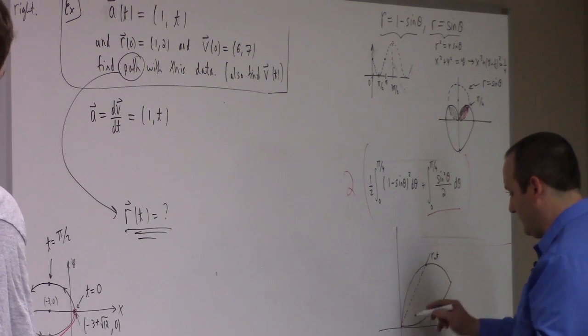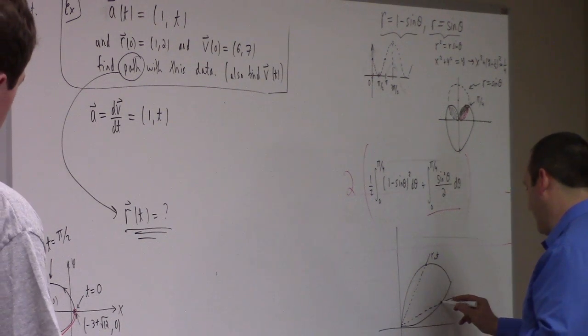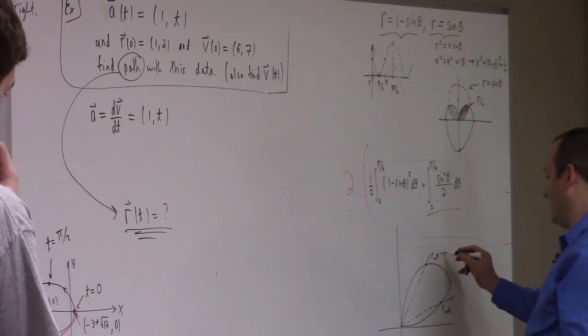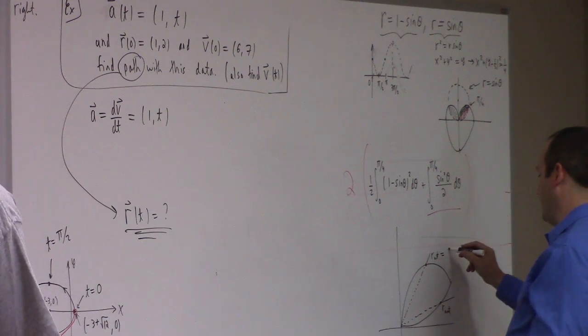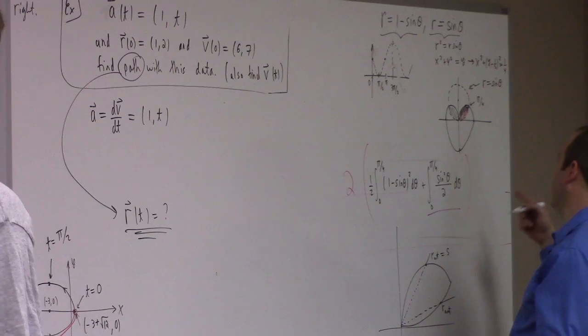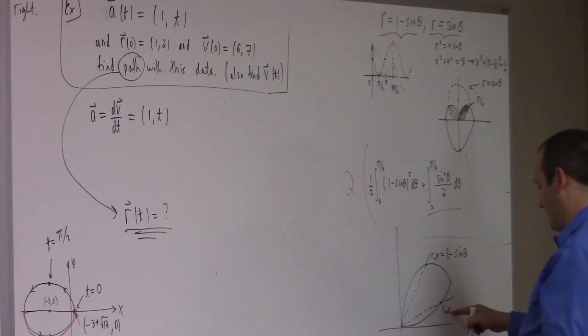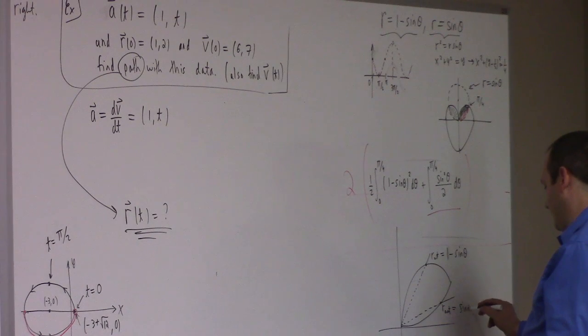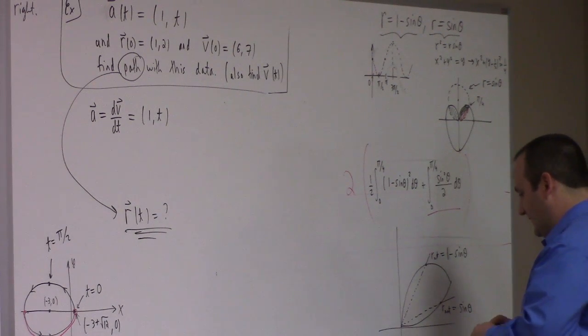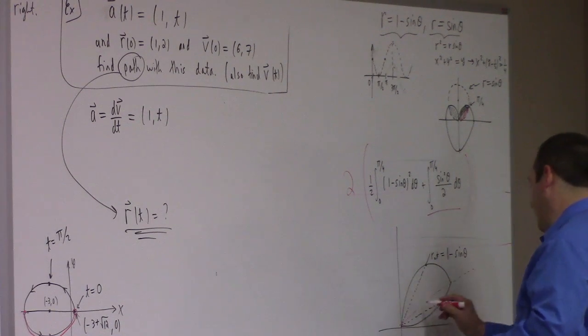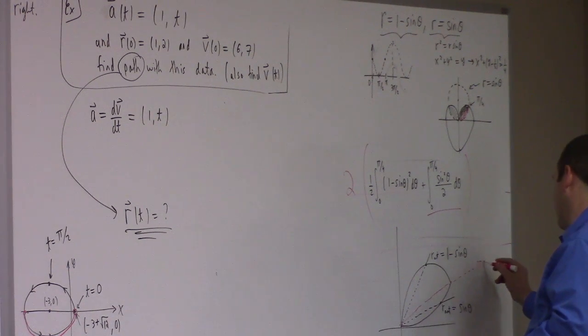But the thing is, this and that are different functions. Like here, our out is 1 minus sine theta, right? And this is sine theta. And the dividing line between those is pi over 6, and that's why you have to have two integrals.